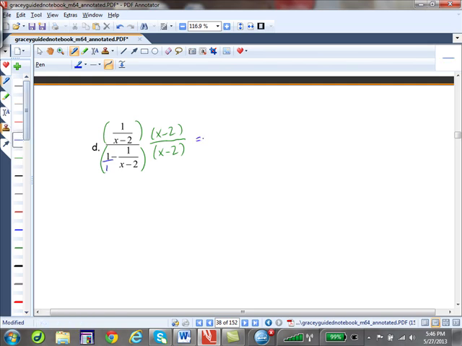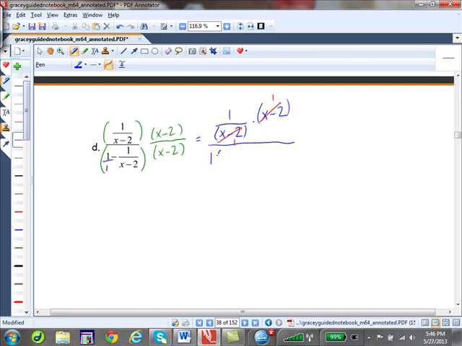So we will have 1 over x minus 2 times x minus 2. Notice that did not require the distributive property because we just have one term times another one there. So you see that these will divide out and we'll just end up with 1 in the numerator.